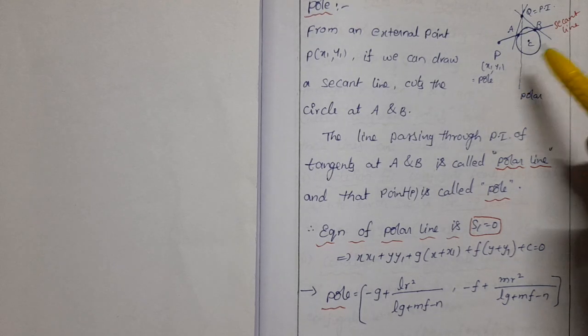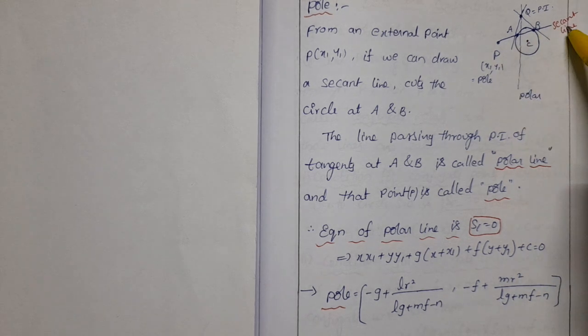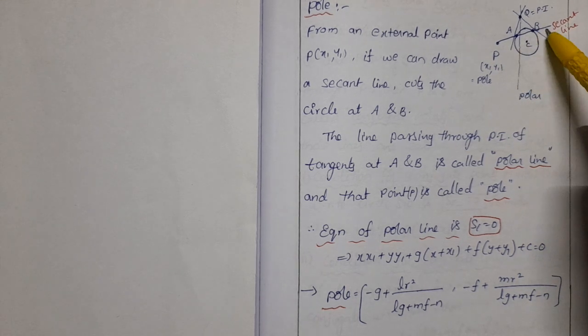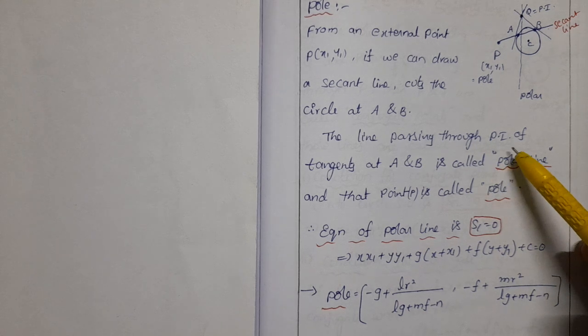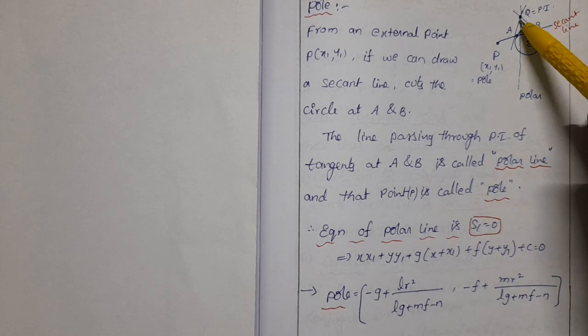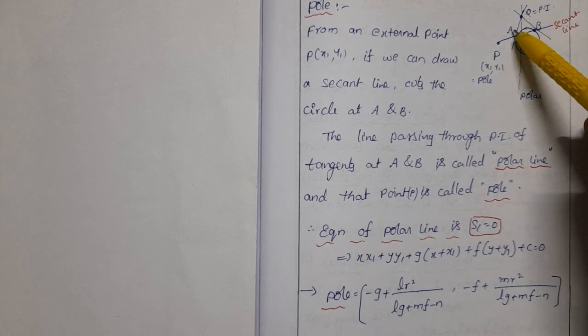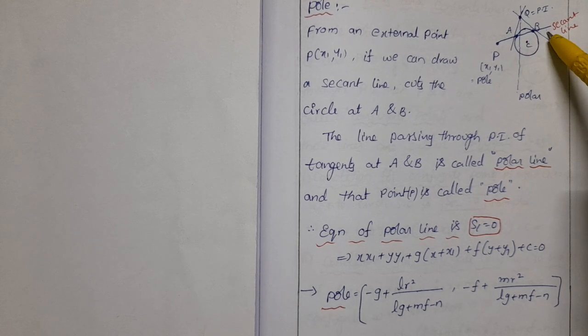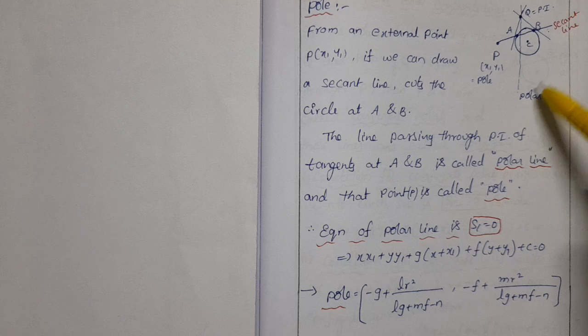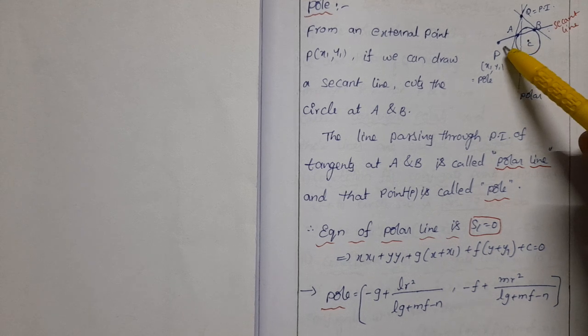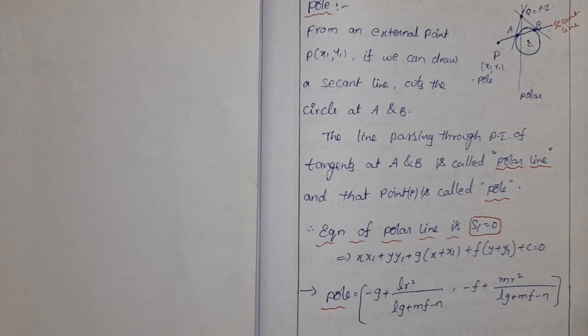Pole. From an external point P(x1, y1), if we draw a secant line that cuts the circle at A and B, the line passing through the point of intersection of tangents at A and B is called the polar line, and the external point P is called the pole.